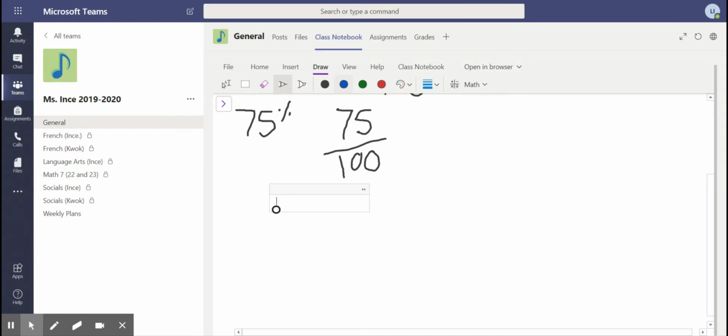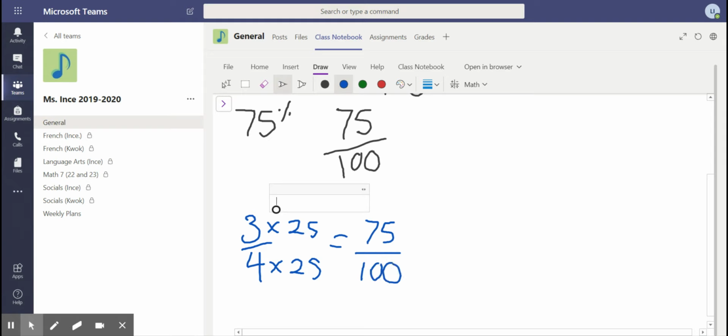For example, if you had 3 over 4, not out of 100, can you make 3 over 4 into a fraction out of 100? Hopefully you're nodding your head and saying yes, right? We know that we can multiply 4 by 25, and then obviously we need to do the same thing to the top. So that gives us 75 out of 100, okay?